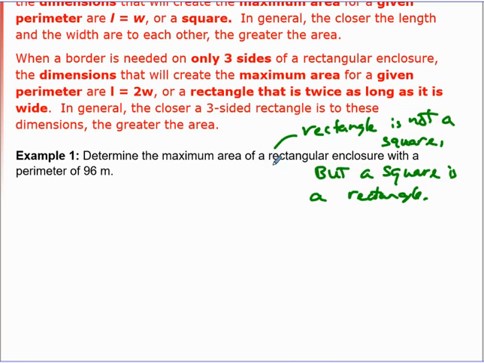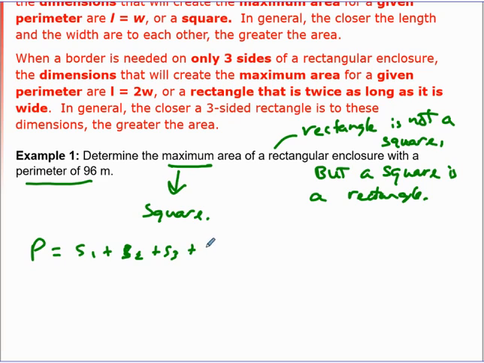Determine the maximum area of the rectangle enclosure. So for max, we know we're going to use a square. Okay, so how are we going to do this? The shape must be a square and we have a perimeter. So what is perimeter? Perimeter is equal to side 1 plus side 2 plus side 3 plus side 4.